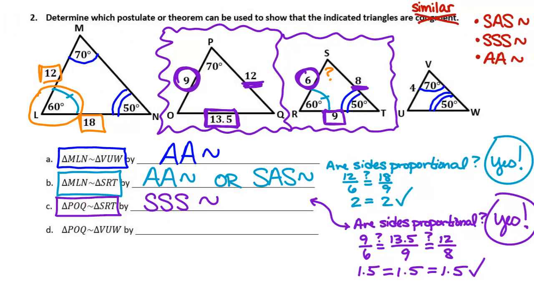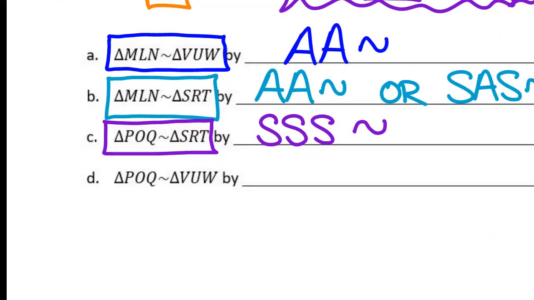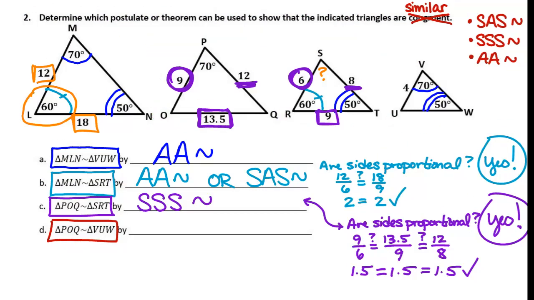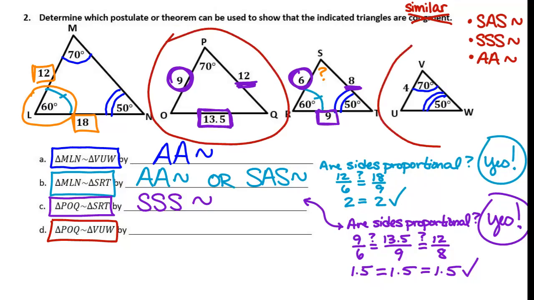Let's look at triangles POQ and VUW. So POQ, this one right here again, and VUW, this one over here. Do we have anything in common?